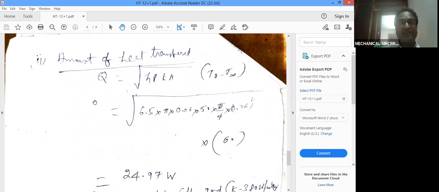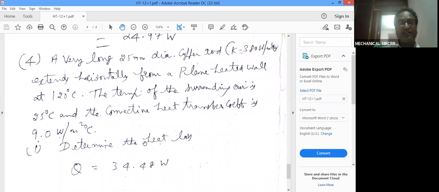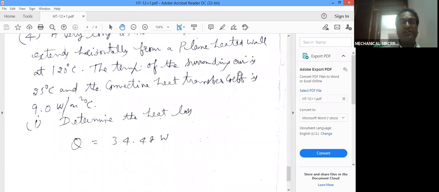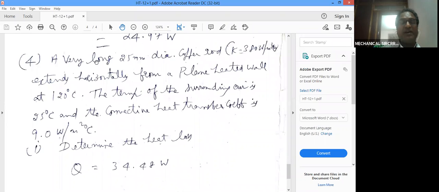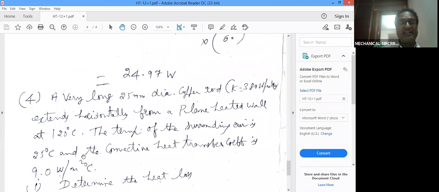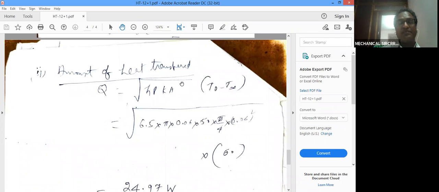Same as the third problem, this analysis. How to calculate Q for a lengthy fin? By assuming the fin is very long, you can calculate heat transfer Q using this formula: square root of HPKA, into T naught minus T free stream.